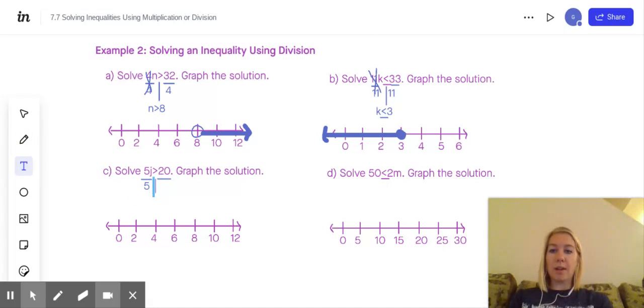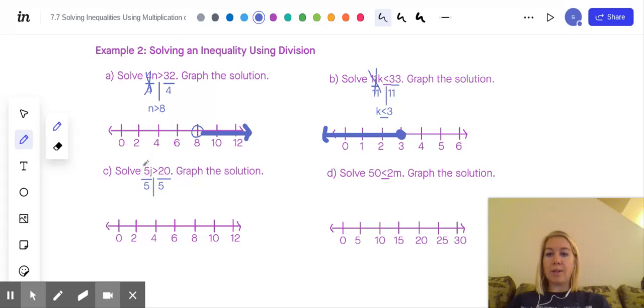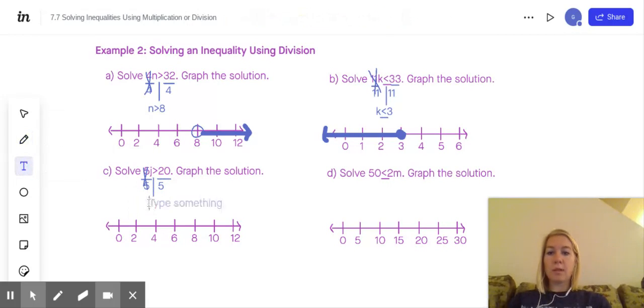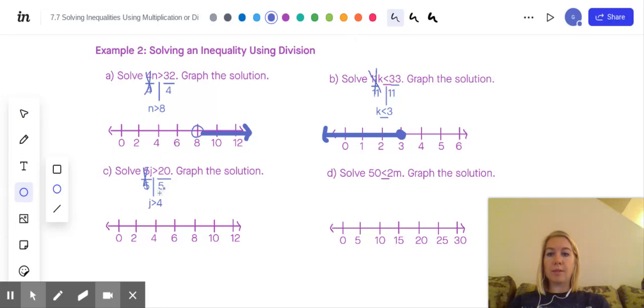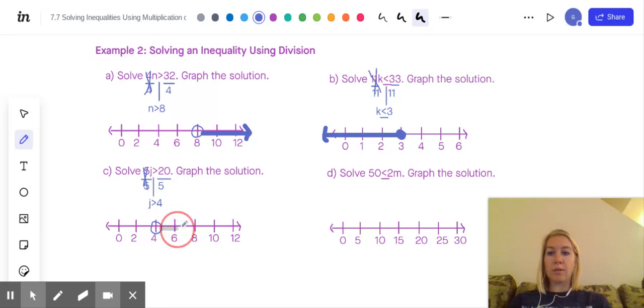We're going to divide by 5. I know 5 divided by 5 is 1, so that gets j by itself. So j is greater than 20 divided by 5 is 4. Now our circle will be open because 4 is not a solution. And j needs to be greater than 4, so our arrow is going to go to the right.